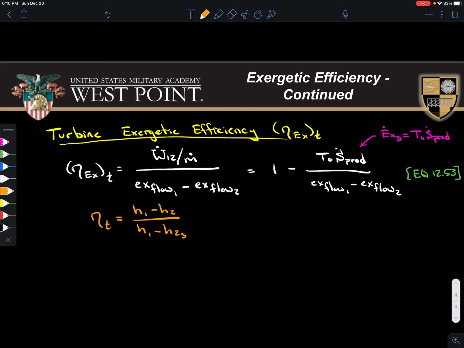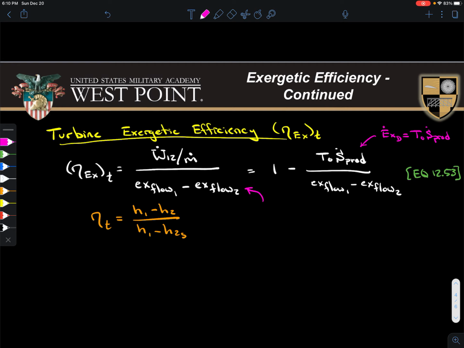What you should realize in this conversation is that since the available work in the denominator of exergetic efficiency is actually less than the ideal, like the total amount of energy that is in a flowing system, as a result the denominator for an exergetic efficiency is going to be larger.